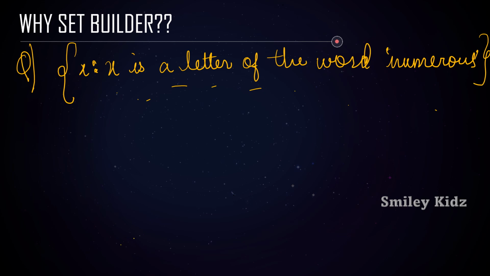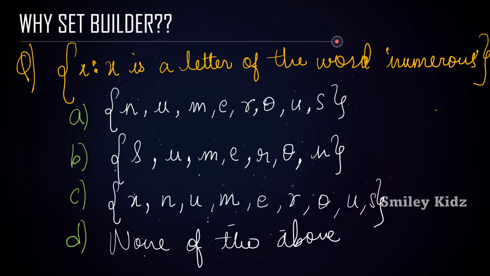Now this is my set builder form. Alright, now I have a few options right over here, where it will be available for you in the roster form. You have to guess it right. Now this displays the 4 options. You should keep a note of the properties as well.